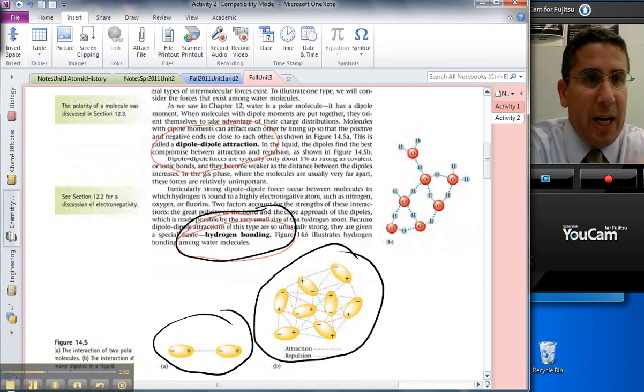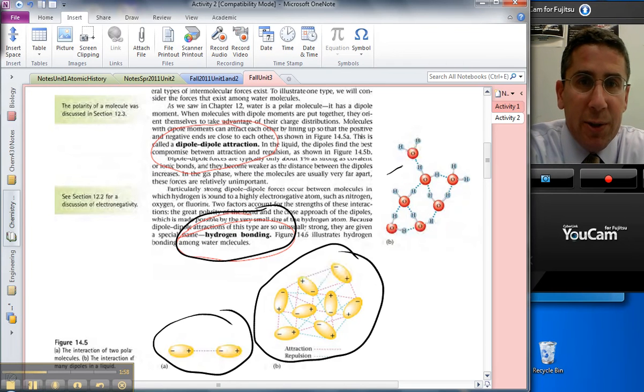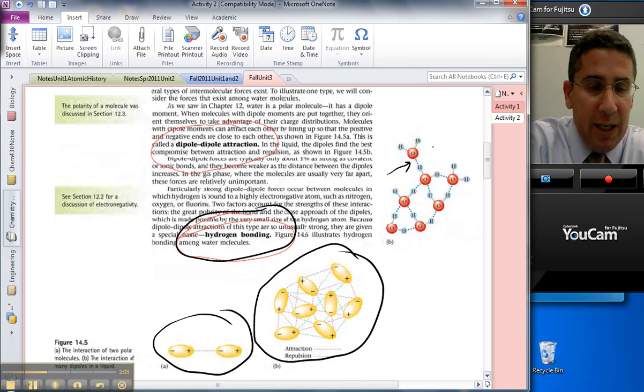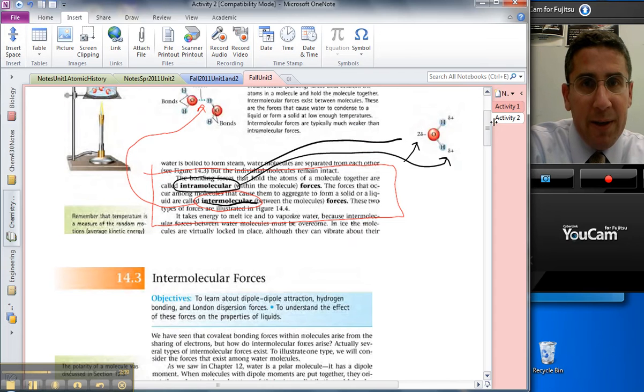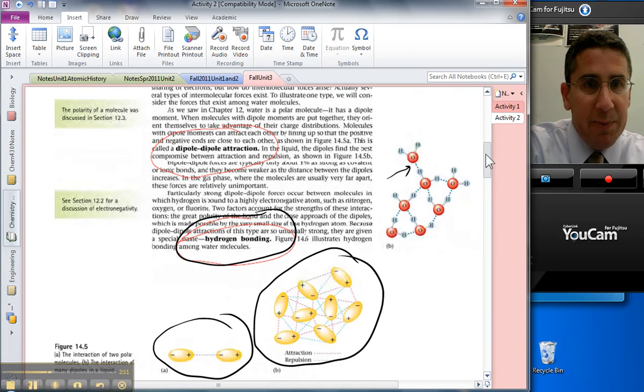It's a special type of dipole-dipole interaction that has to do with hydrogen, and water is one of these that have this. So here's an intermolecular force where the little minus of this oxygen is associated with the positive of the hydrogen, and that came from up here. All right, so the polarity makes this hydrogen bonding.